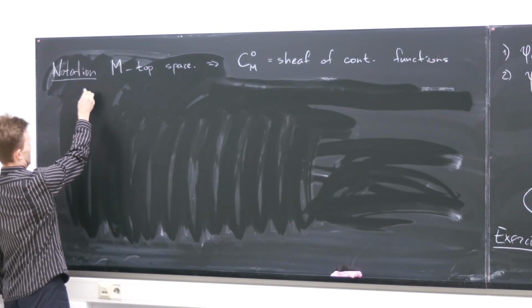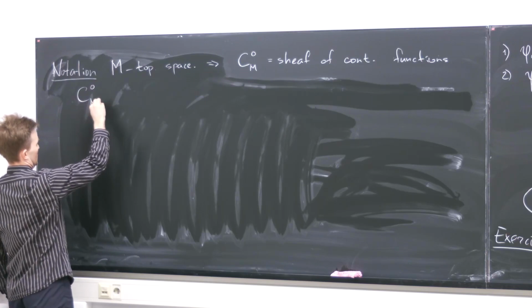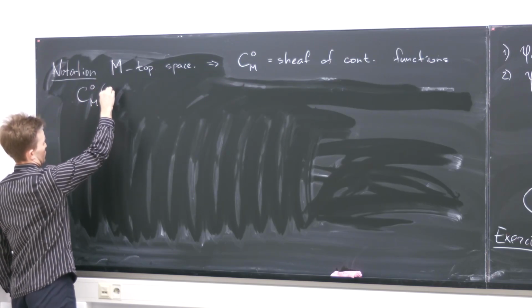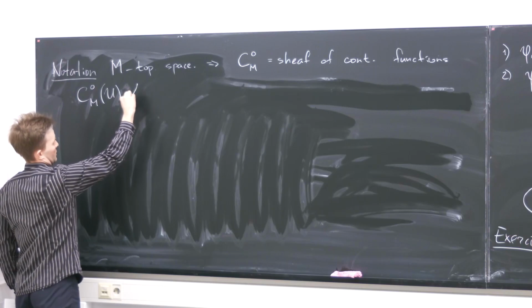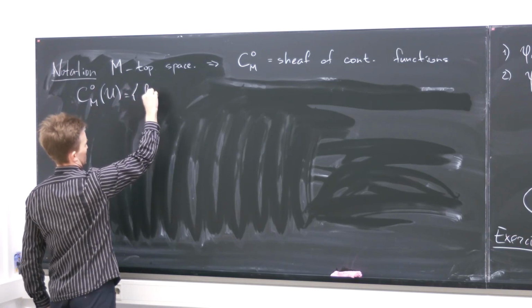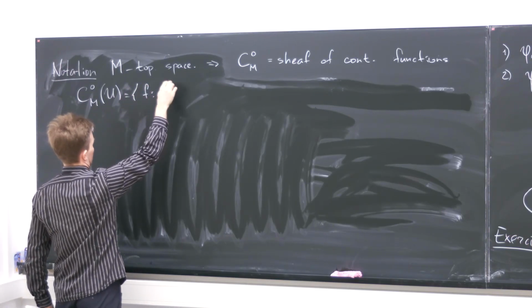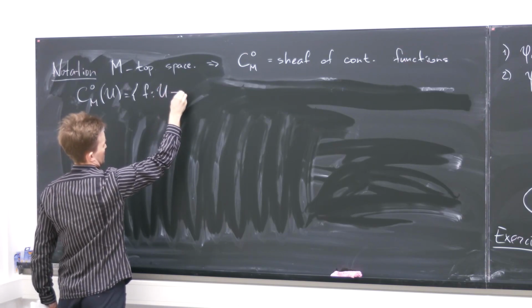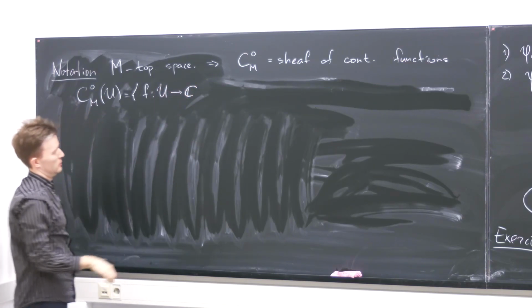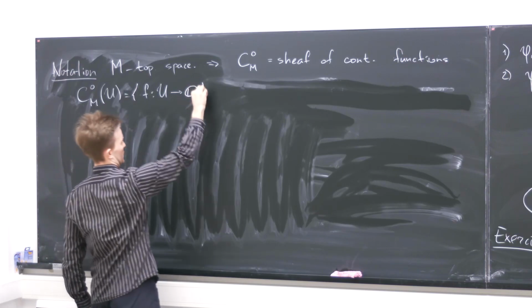So it means that for any open subset U, this is just a collection of all continuous maps. Well, I will always assume that my functions are complex valued.